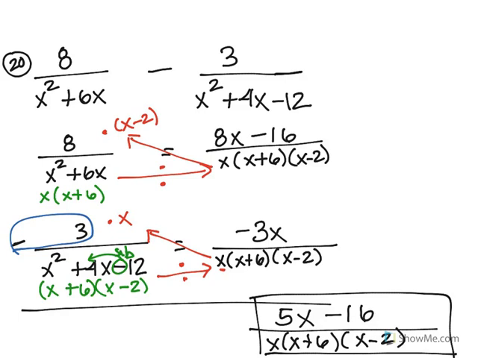So you're going to take x to the top, and keep in mind, watch these signs. This is a negative 3. So that's going to be a negative 3x. So when you combine 8x minus 3x, you just have 5x. Bring down my negative 16 over x times (x plus 6) times (x minus 2). And there's nothing you can do to that top, so that's your answer.